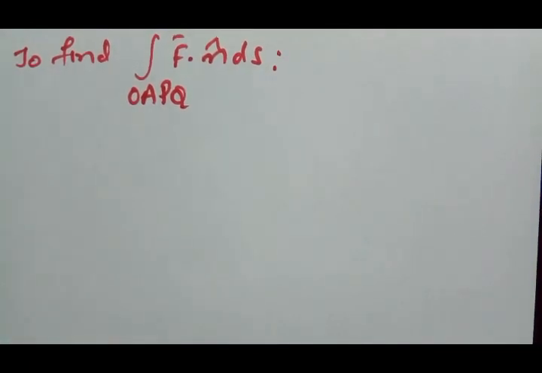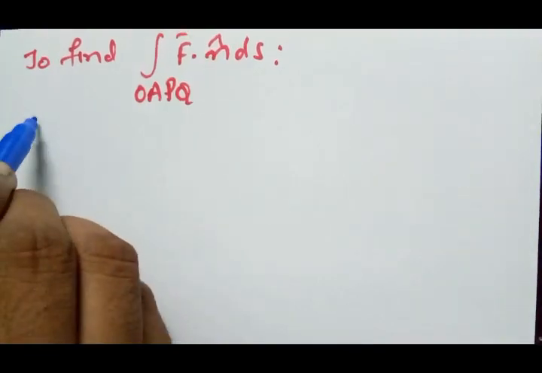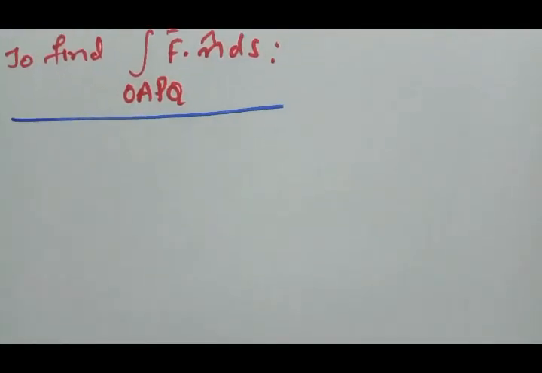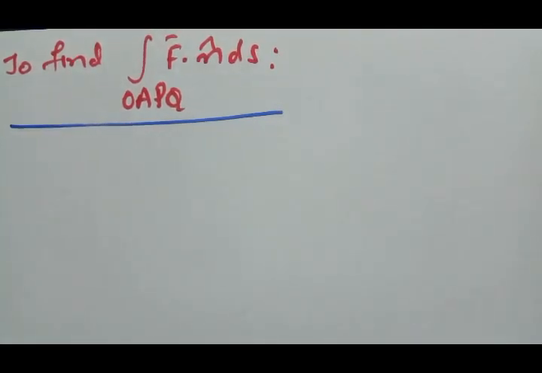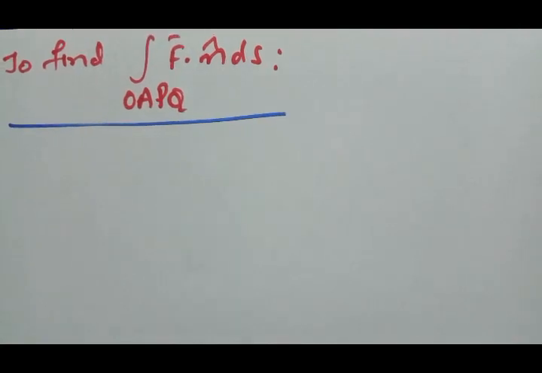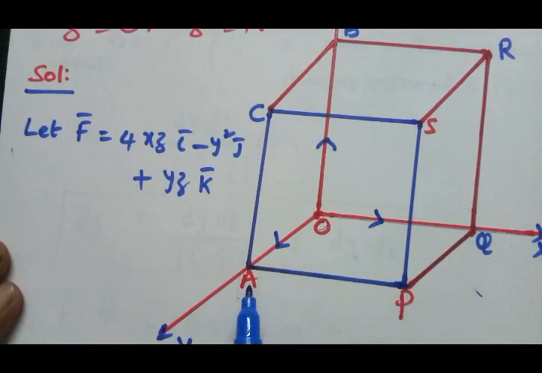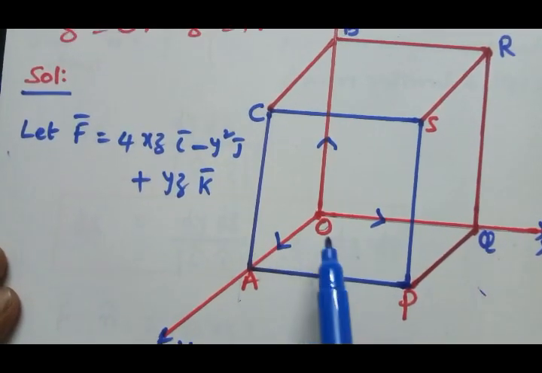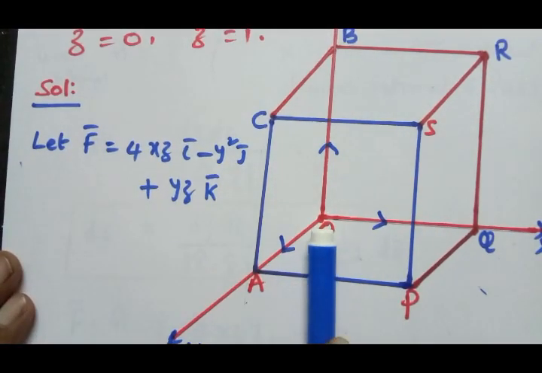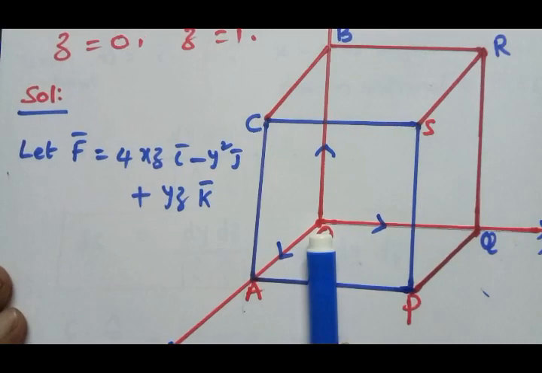So this is at z is equal to 0, and for this face the negative z-axis is the unit outward drawn normal.